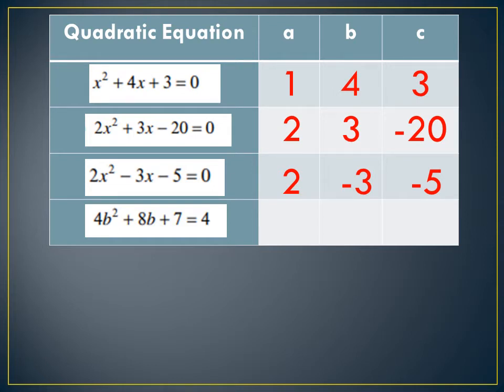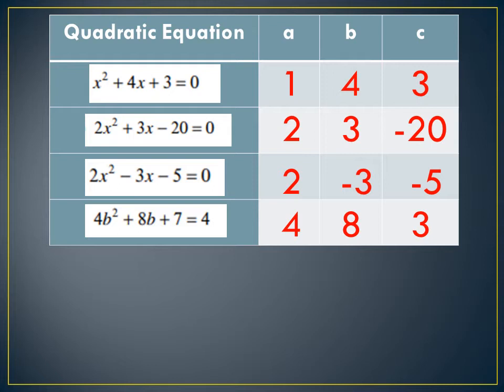So it becomes 4b squared plus 8b plus 3 equals 0. So our a, b, c is 4, 8, and 3. Okay, so again, we should make the right side equal to 0, to make it into its standard form, or transforming it into its standard form.